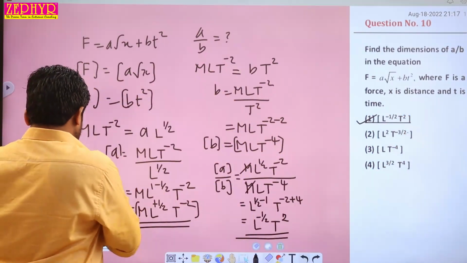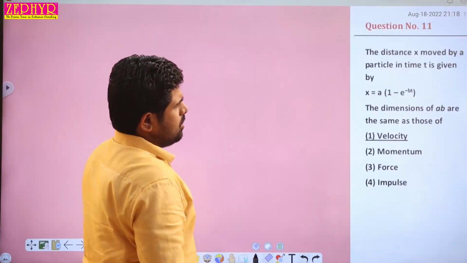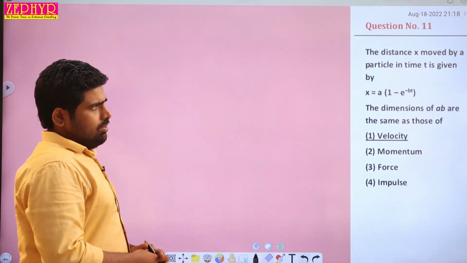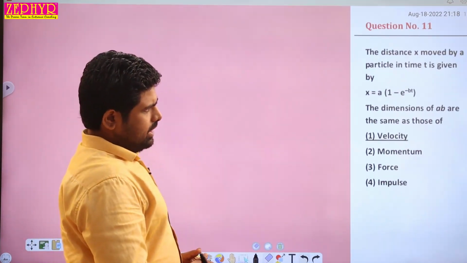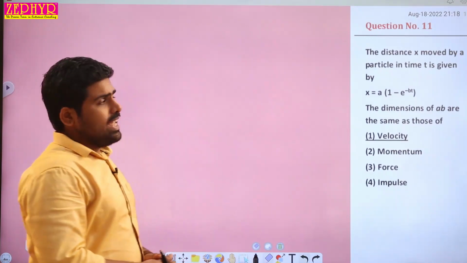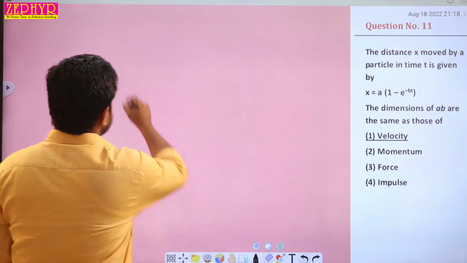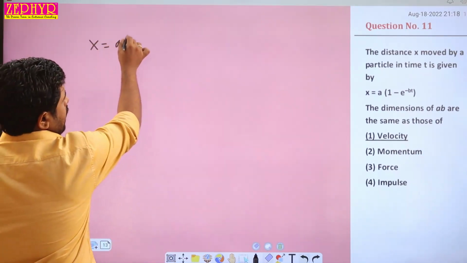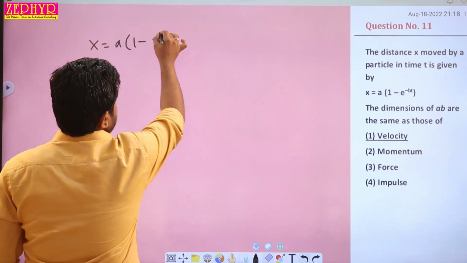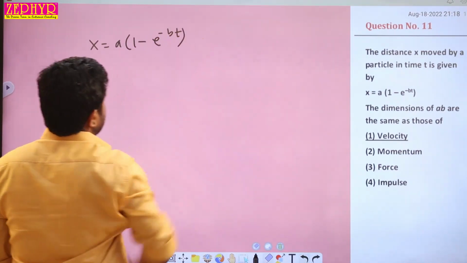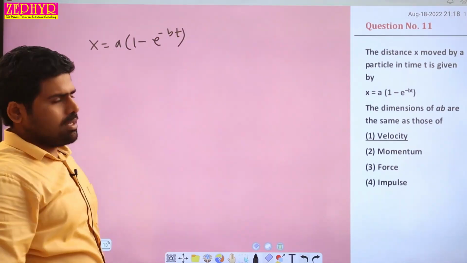Clear? Then question number 11, the distance x moved by a particle in time t is given by x is equal to a into 1 minus e raised to minus bt.